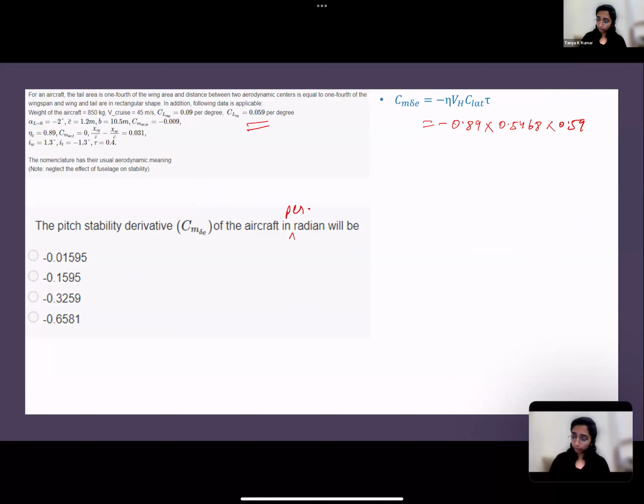Into tau is 0.4. Tell me the answer. D is the answer. Correct. Your Cm delta E, again you see it's negative. Okay.